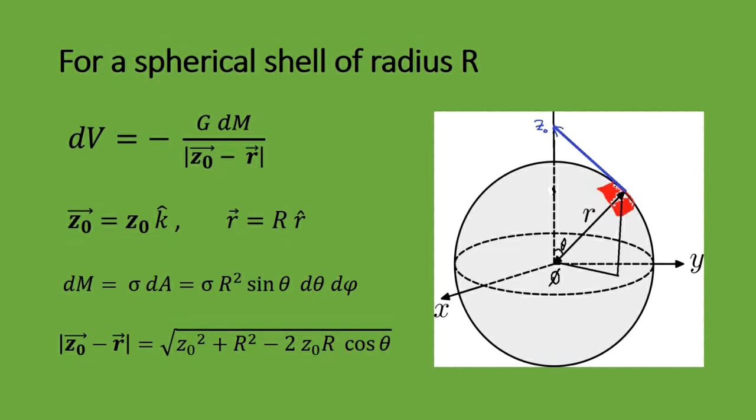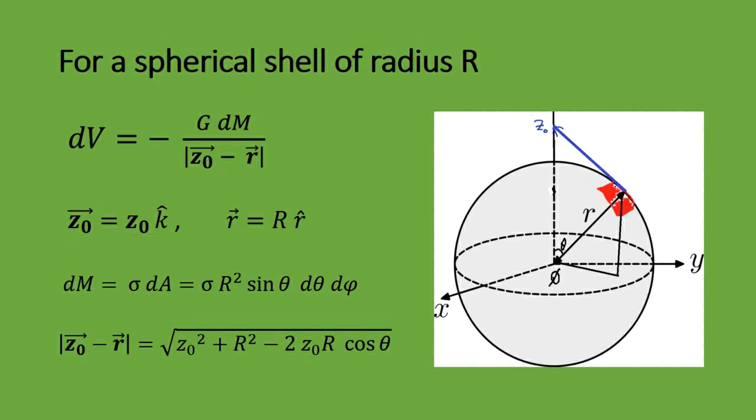It's clear that phi takes values from the smallest value, which is 0, and goes around to 2 pi, a full rotation. While for theta, the smallest value will be 0, which means that you are on the positive z-axis, and the maximum will be pi, which means you are on the negative z-axis.